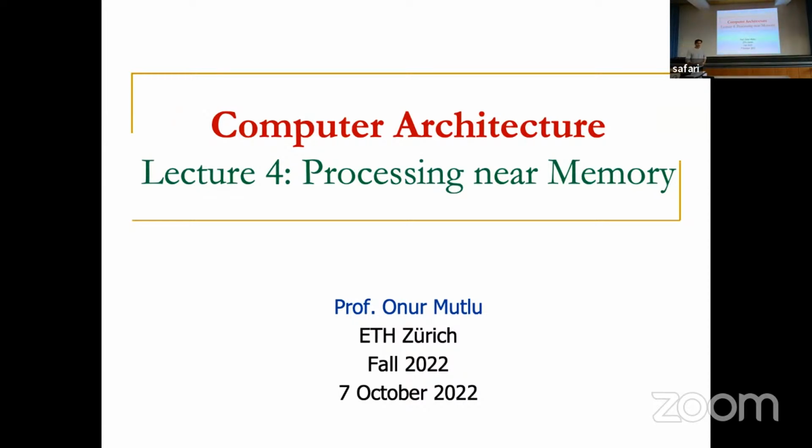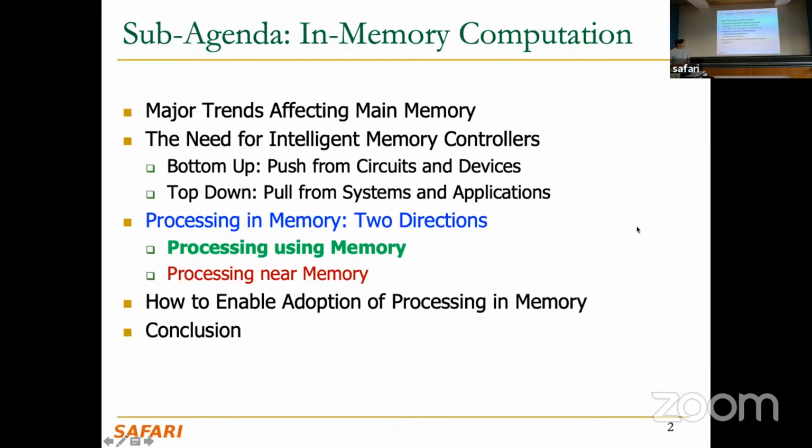We are going to see those proposals where computation is not directly done with the memory cells, but is done using processing elements that reside near the memory arrays. That's what the lecture today is about. We will finish with some discussion and also some works about how to enable processing in memory.